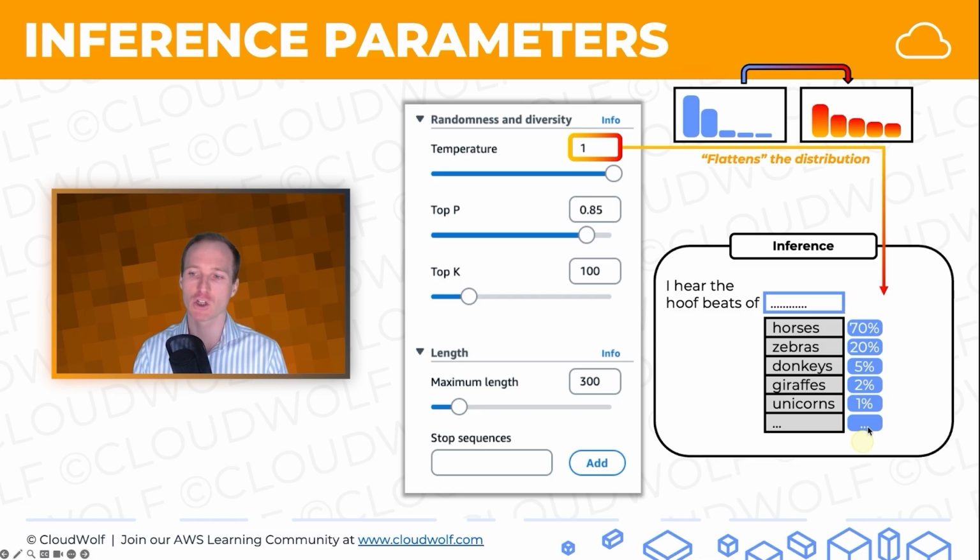So it will adjust the distribution to make it flatter, to give other words a fighting chance of being selected. So in this case, the distribution might go from this one that it's calculated to this adjusted one using temperature. You can see the first and second options, their probability went down and the rest of them went a bit up. So now for unicorn, instead of a 1% chance, there's a 3% chance of it being selected.